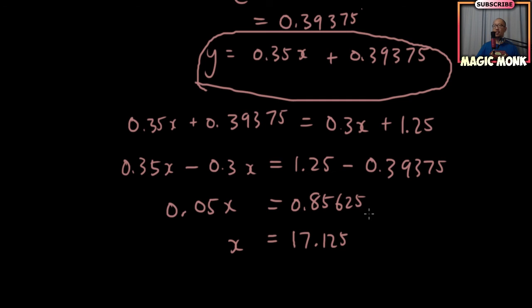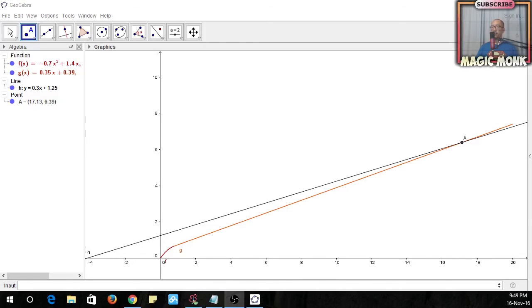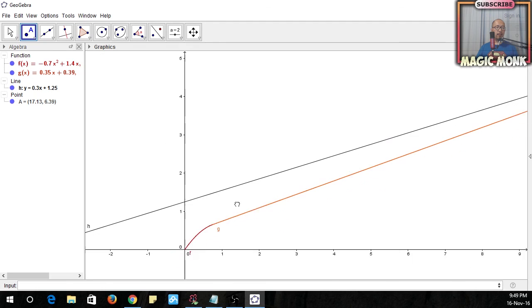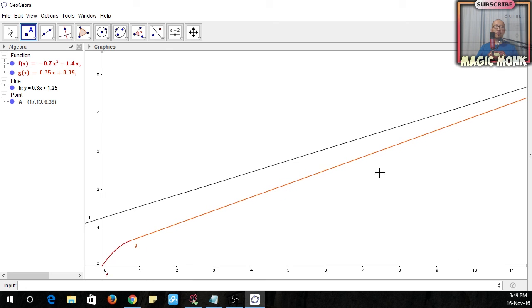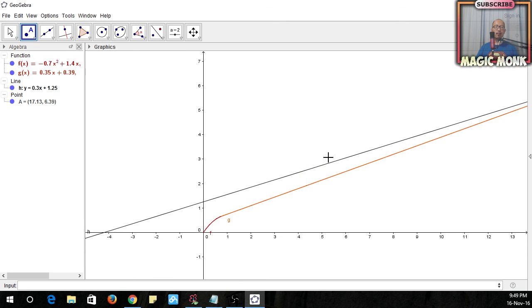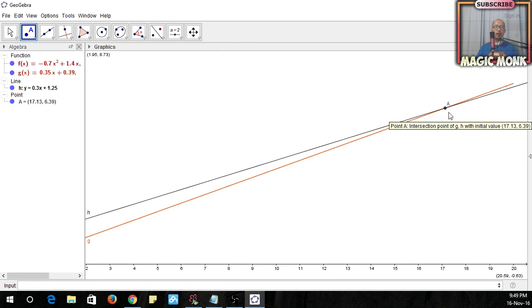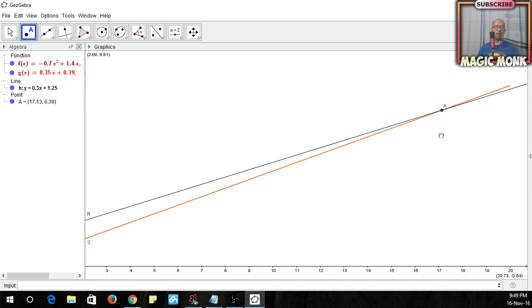So let's bring the GeoGebra back up and see if that is the case. Again, you can see that the red section here is the path of the disc before it's thrown. The orange line is after it's thrown. It keeps traveling. The black line is the boundary. So the orange line intersects the boundary at x equals 17.13.